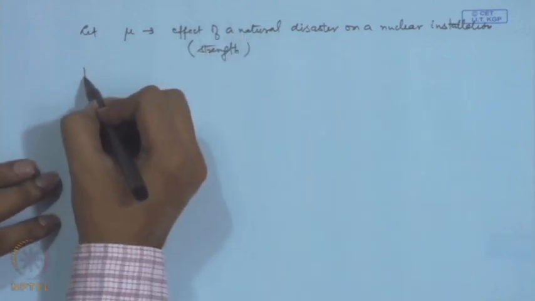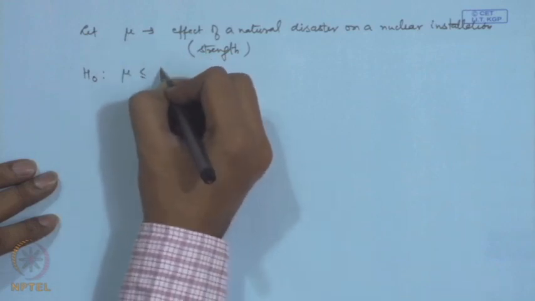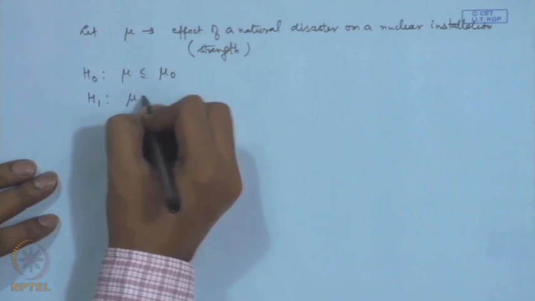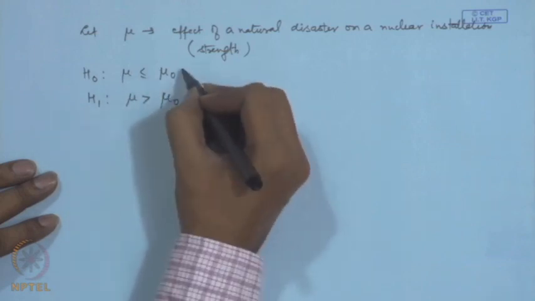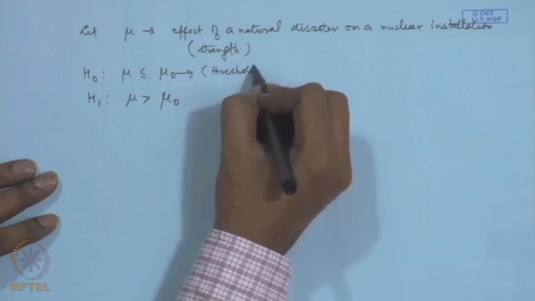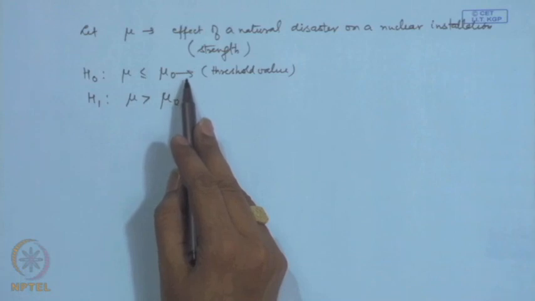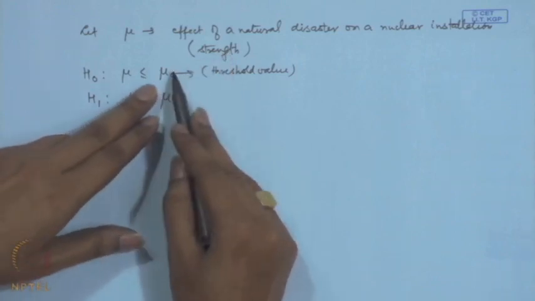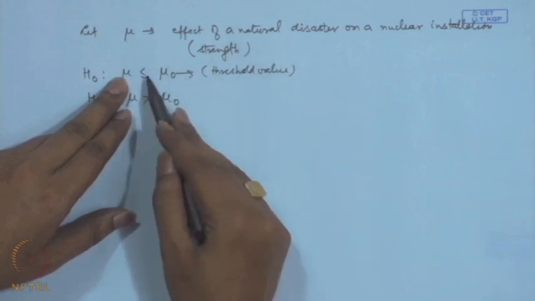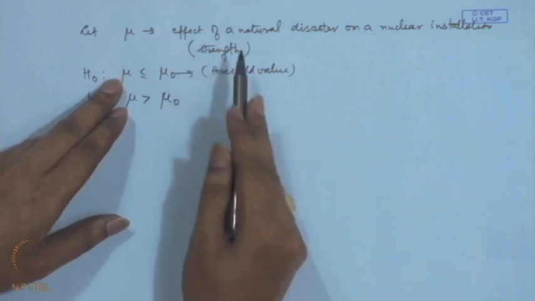We may like to check whether mu is less than or equal to a certain specified number, which could be our threshold value, or mu is greater than this threshold value. That means, if the strength of the natural disaster is below this, then the damage will not be much.